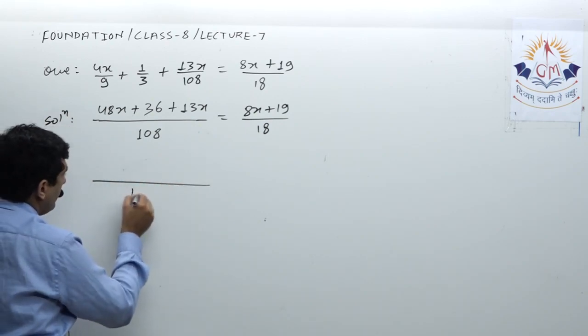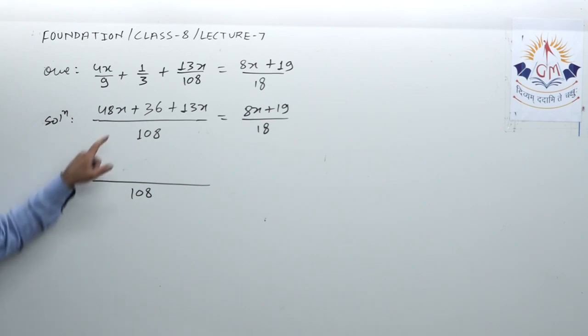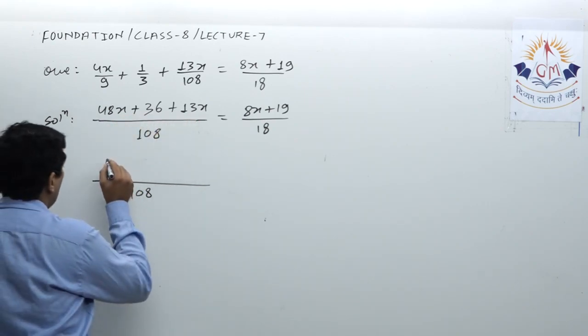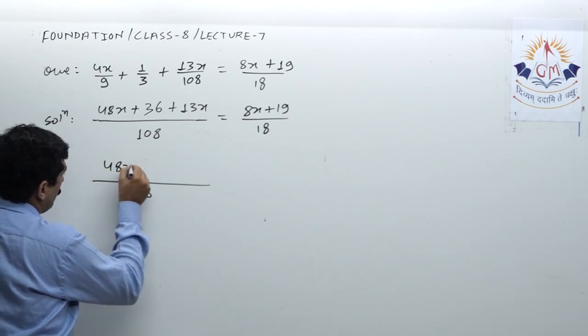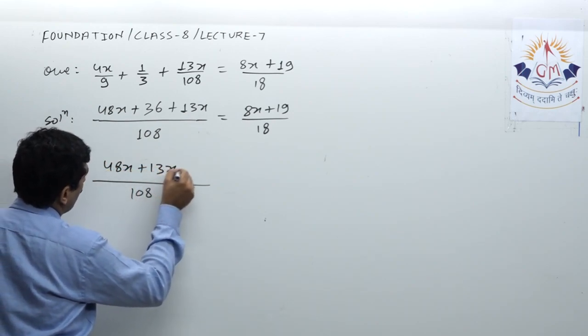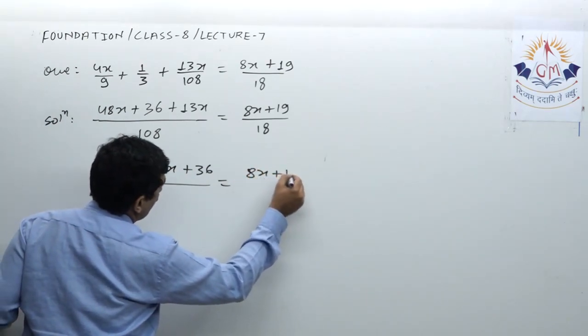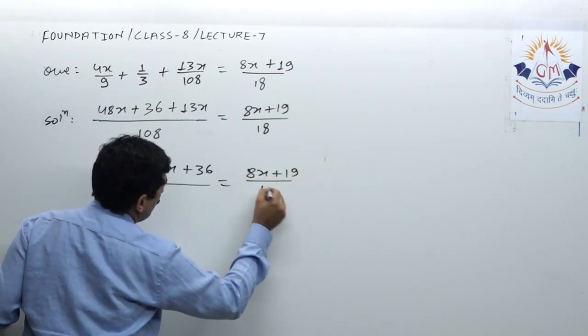Okay, so here it is 108 denominator. Now 48x plus 13x, we can add these two. So 48x plus 13x plus 36 is equal to (8x plus 19) upon 18.